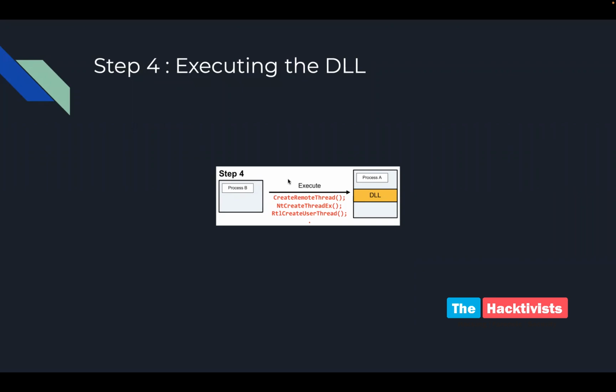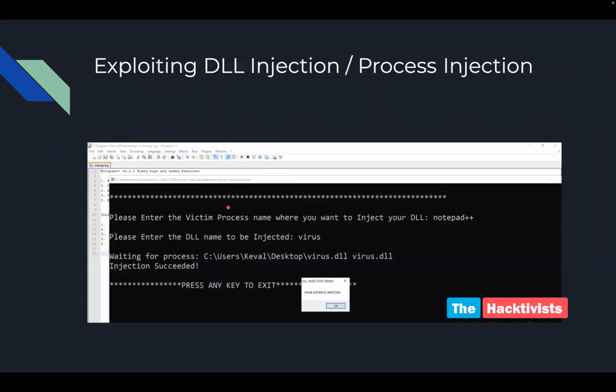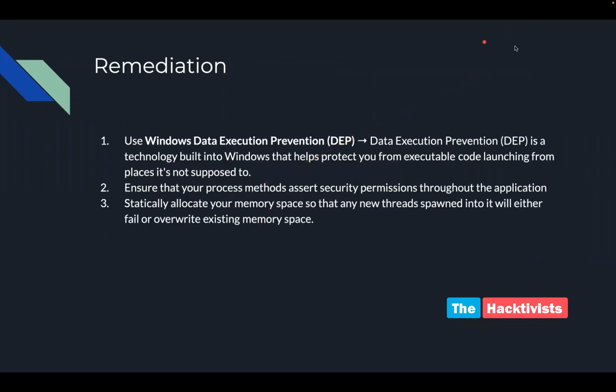Okay, now let us understand the remediation part. Within the remediation, there is one thing called data execution prevention. What actually is this? Typically this will be used by the applications, and it allows the execution of separate DLL files within the application itself.